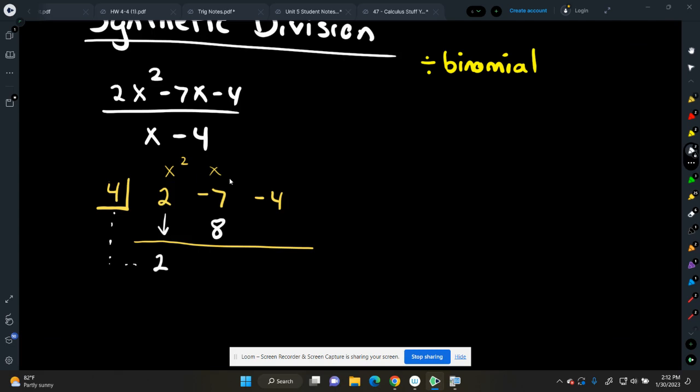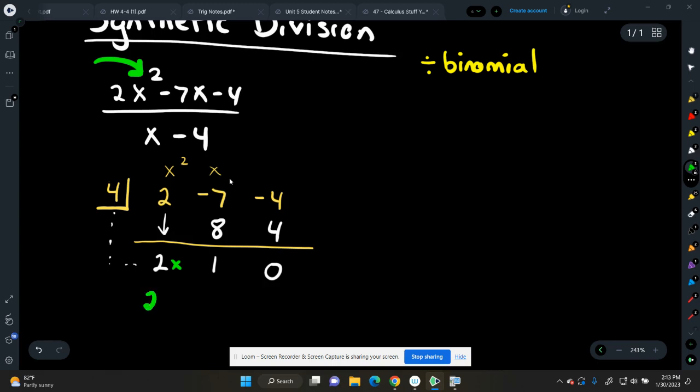What's negative 7 plus 8? Positive 1. What's 4 times 1? 4. Put that here. What's negative 4 plus 4? 0. Okay, now, notice we started with x squared. The first number was 2x squared, right? Our answer is going to be 1 less than that. So instead of x squared, it's x. So our answer is 2x plus 1. That's the answer to this division.